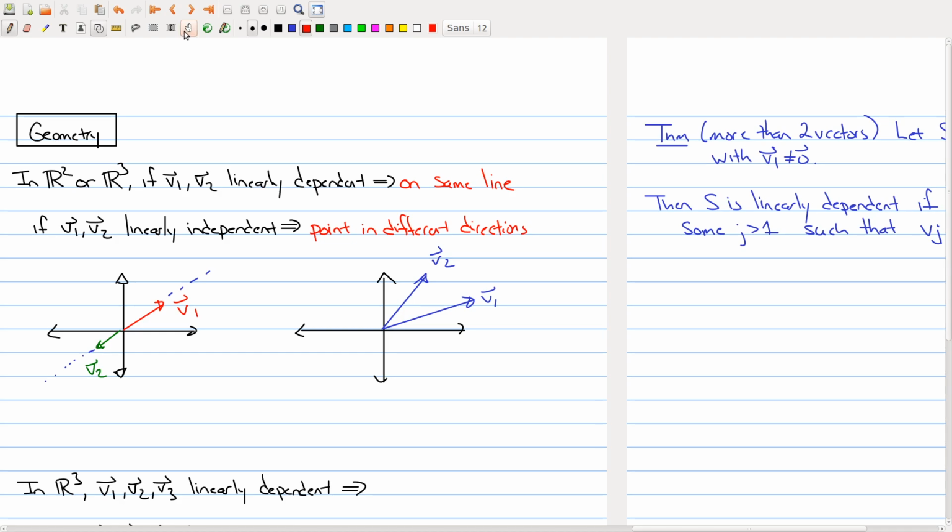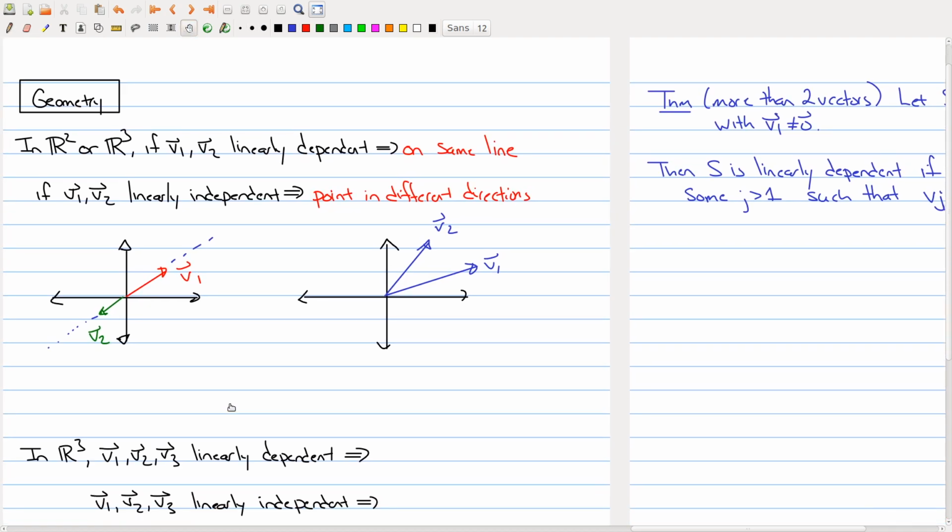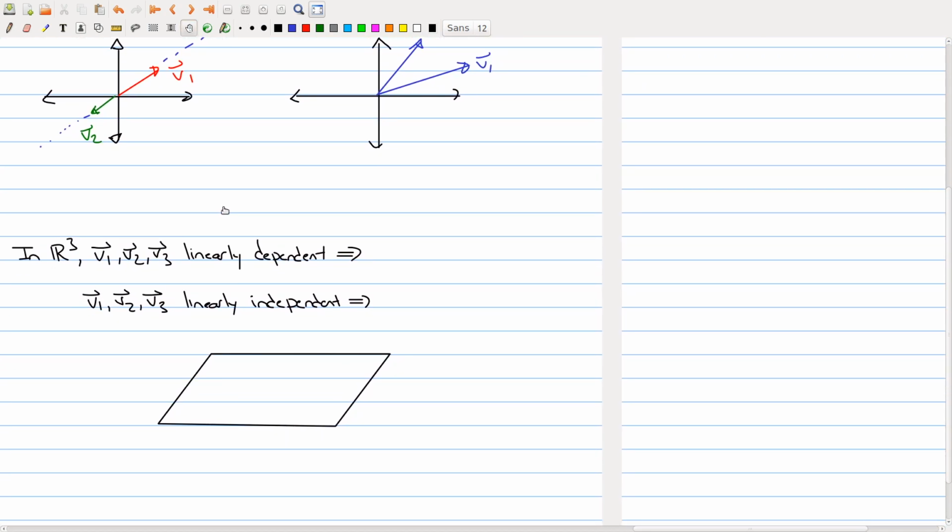Now, as we increase the n-space that we're working in, we get different interpretations of what's happening. In R3, let's say you have three vectors. Well, what does it mean for three vectors to be linearly dependent? They could be linearly dependent if all the vectors lie in the same plane or in the same line.